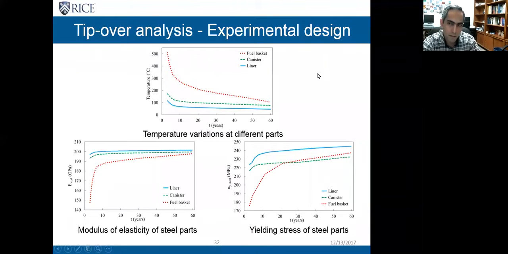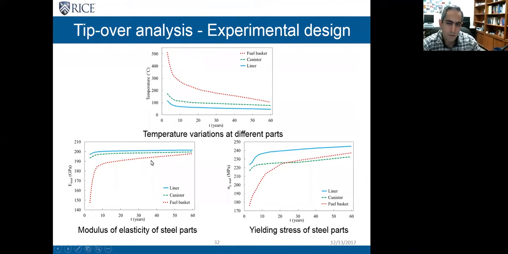Since we considered the age of the cask as a parameter, we needed to update some material properties associated to that. As time passes, the temperature at different parts of the cask goes down, and this plot shows how the temperature goes down at different parts of the cask, like the fuel basket, the canister, and the liner.